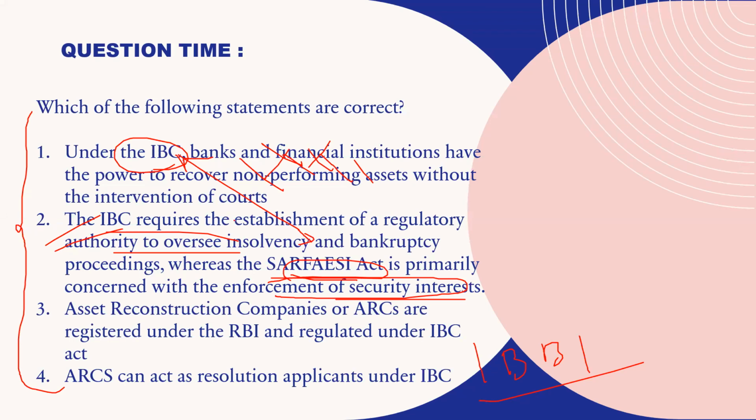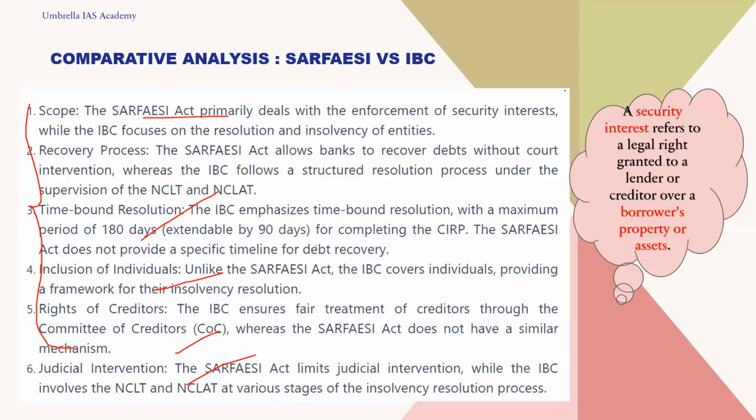The statement is for the SARFAESI Act, because without intervention of the courts, banks have been given some powers to enforce their security interests. Whereas courts are involved in IBC. What type of court is involved in IBC? Very good, the National Company Law Tribunal. So these are some differences.